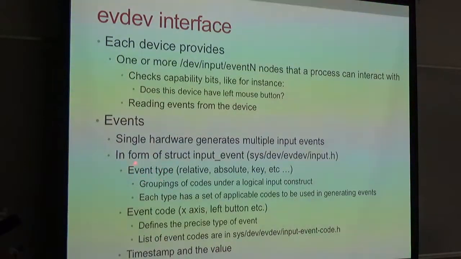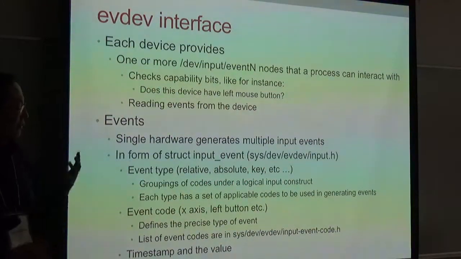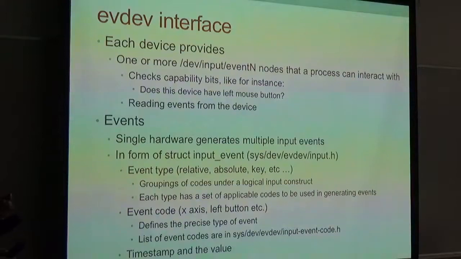First, the event type, like relative, absolute, key, etc. They describe a group of codes under a logical input construct. So each type has a set of applicable codes to be used in generating events.